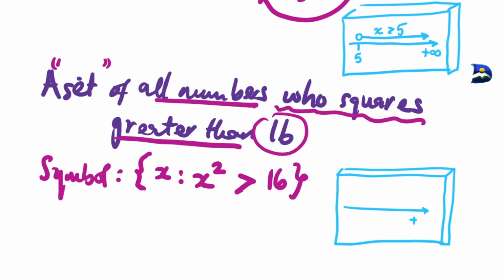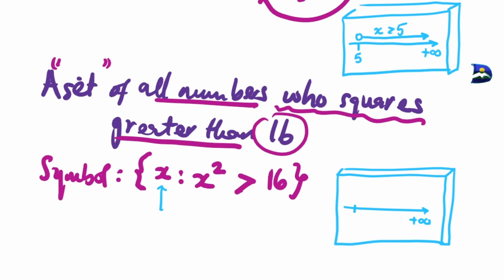We know that it is greater than a number, so we go to positive infinity. Therefore, our x value must be somewhere around here, where x, when squared, must be greater than 16.